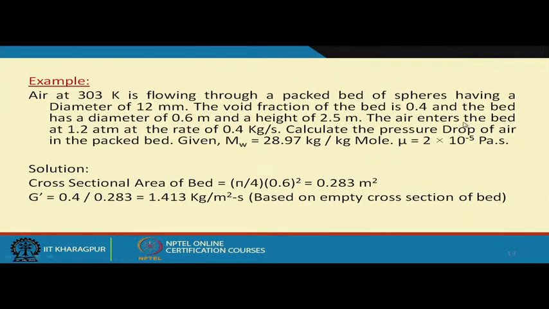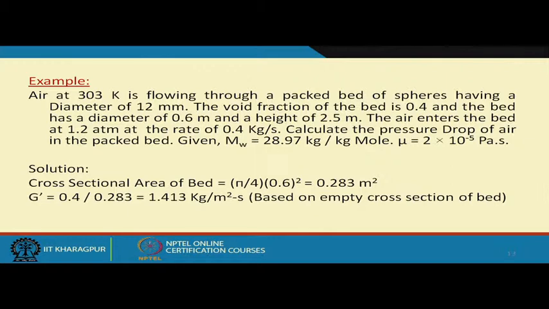The air enters the bed at 1.2 atmosphere at the rate of 0.4 kg per second. Calculate the pressure drop of air in the packed bed. Given molecular weight of air to be 28.97 kg per kg mole and viscosity to be 2 into 10 to the power minus 5 Pascal second.